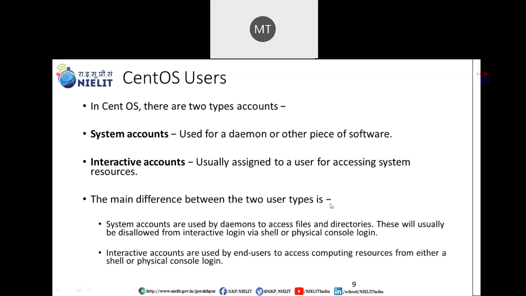The main difference between the two types is that system accounts are used by daemons to access files and directories. Daemons are basically processes. These will usually be disallowed from interactive login via shell or physical console. Interactive accounts are used by end users to access computing resources from either a shell or a physical console login.